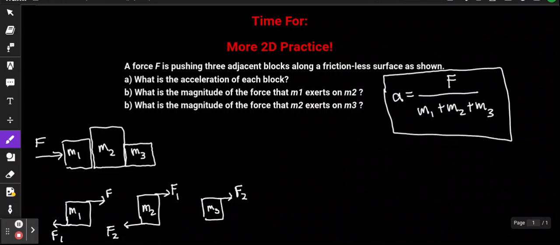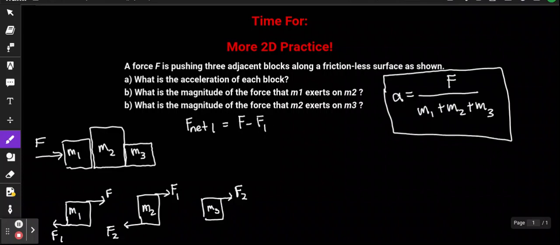We already know the acceleration, so we know that the F net of each specific block has to result in its mass times the acceleration that we already found in part A. So let's take a look at M1. M1's F net equation, which we can call F net 1, is equal to F minus F1.